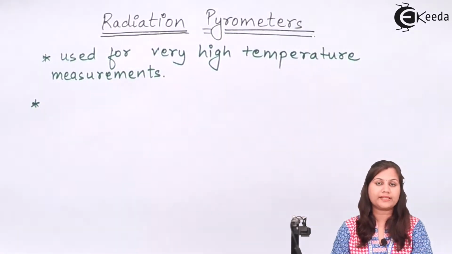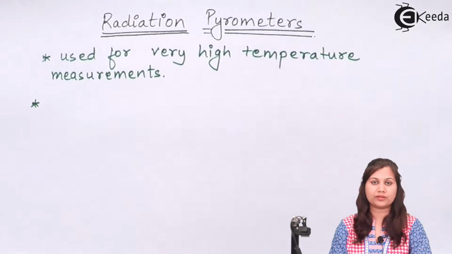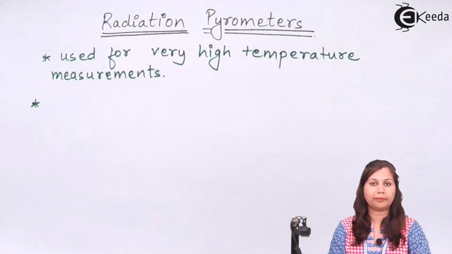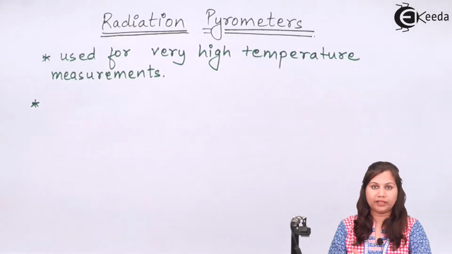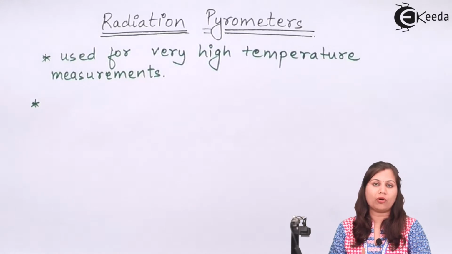Now in industries and plants, there are some situations where we have to measure the temperature of very hot liquids or corrosive liquids. Means the liquids which are in the boiling condition, or the liquids or the chemicals which can corrode the instruments.